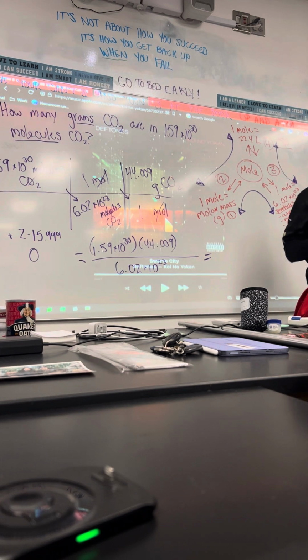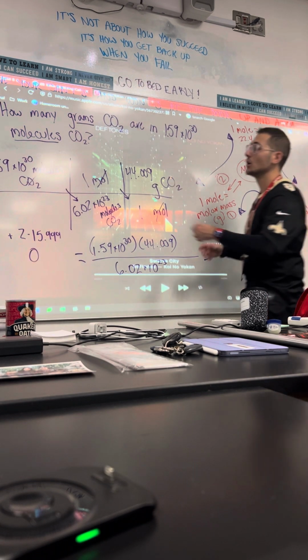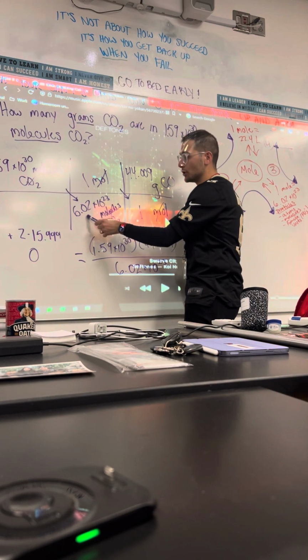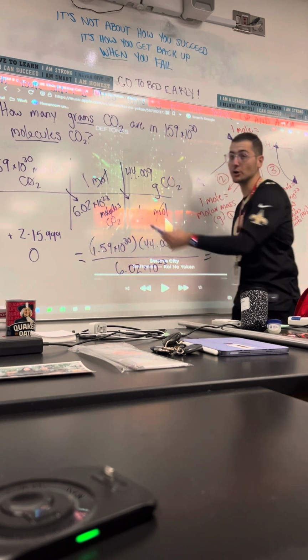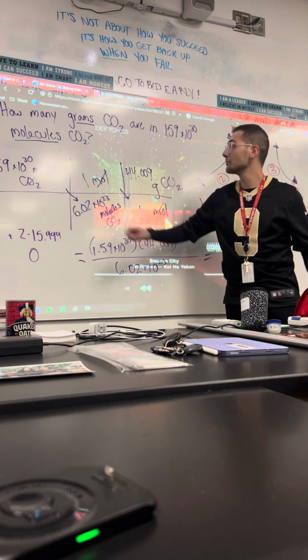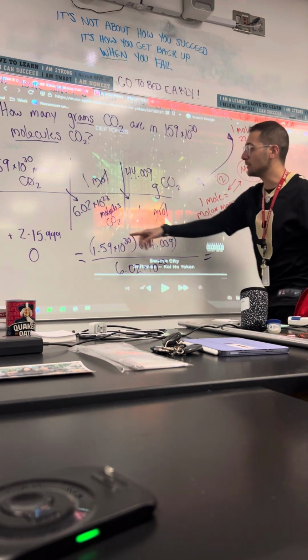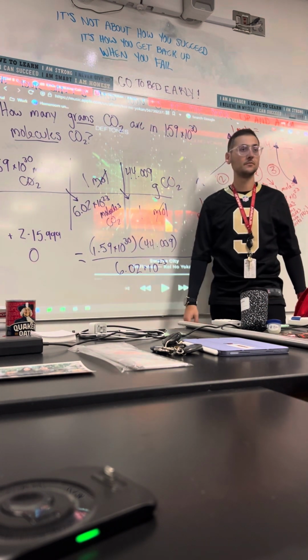Every single question, every single problem is like this. It's just a matter of what did you start with? Drag that unit here and put in the special number for whatever that unit is. In this case, it was molecules. But if we change molecules to liters, it would have been 22.4.